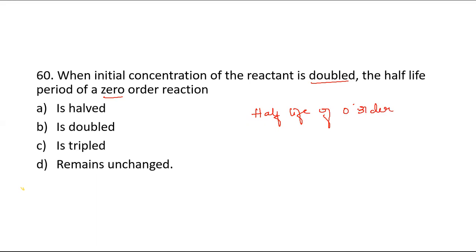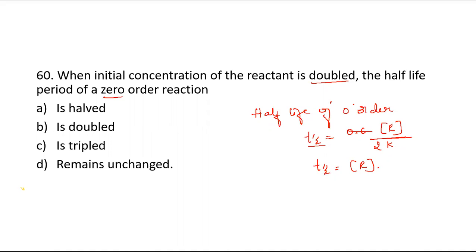For a zero order reaction, T half is equal to the initial molar concentration of R divided by 2K. That means initial concentration of the reactant is doubled. ಅಂದ್ರೆ T half-life of zero order is directly proportional to initial concentration. I'll take only numerators. Initial concentration ಗೆ ಅದೇನಾಗಿದೆ ಡೈರೆಕ್ಟ್ ಆಗಿ ರಿಲೇಟ್ ಆಗಿದೆ, whereas rate constant ಗೆ inversely proportional.